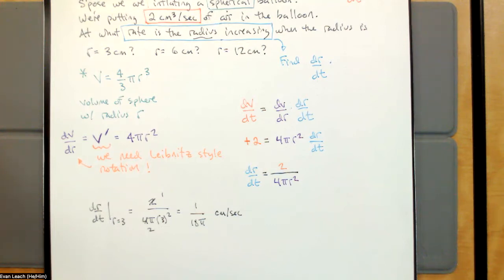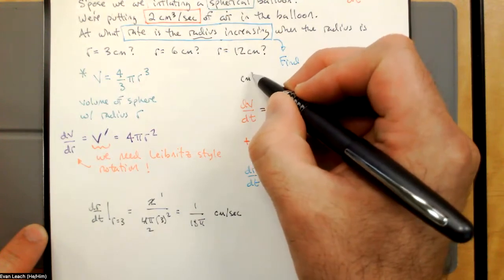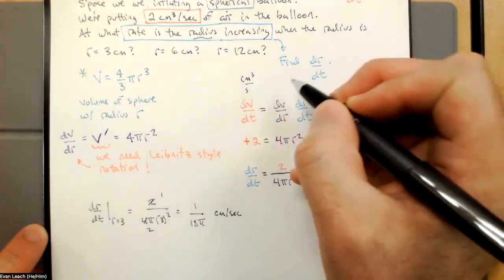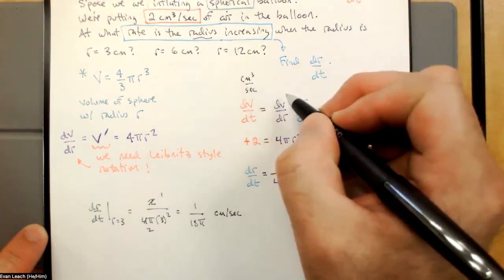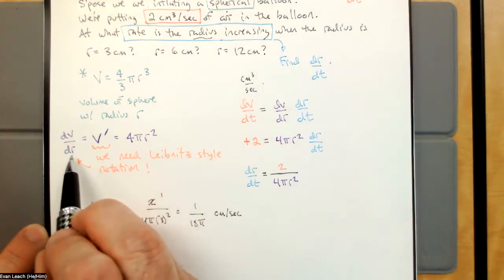If we're not sure, we could write down the units of the rates up here. dV/dt was given as cubic centimeters per second. dV/dr, that's the rate of change of V with respect to r.